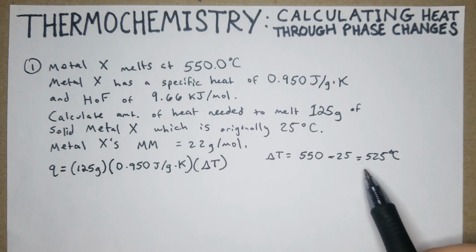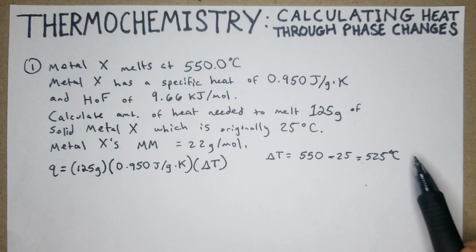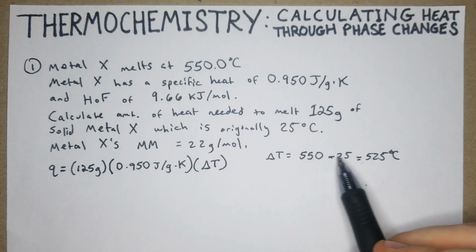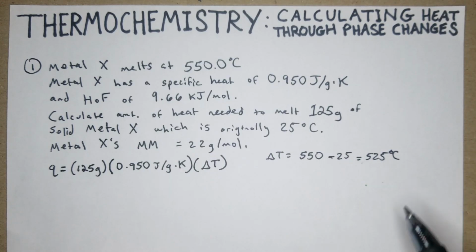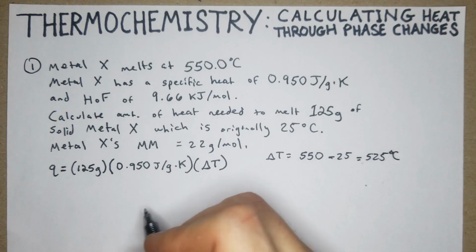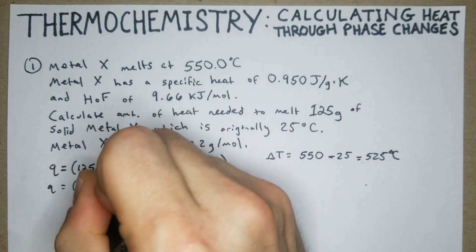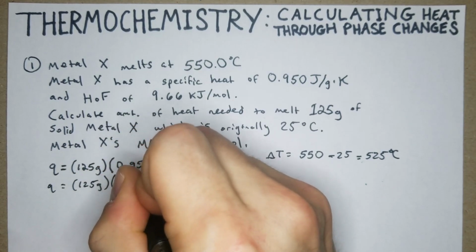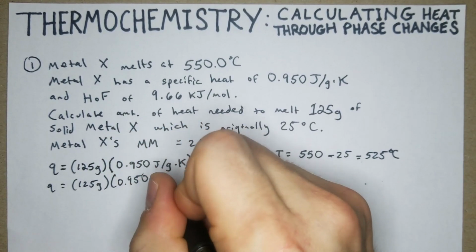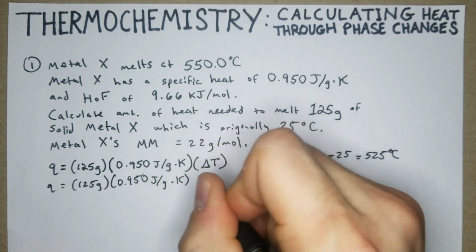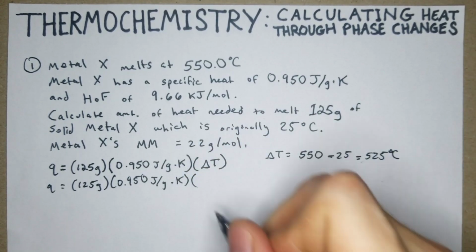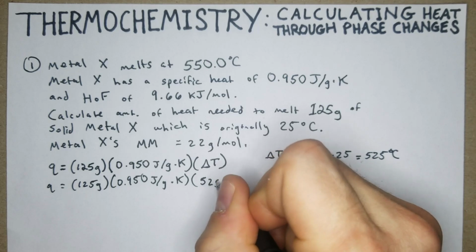But essentially, whether it's Kelvin or Celsius, it's going to be the same because you just add 273 to each of these. The difference will be the same. So plugging in our change in T, 125 grams times 0.950 joules over grams times Kelvin, and 525 Kelvin.